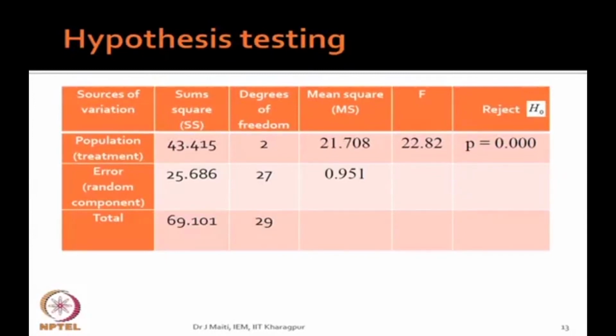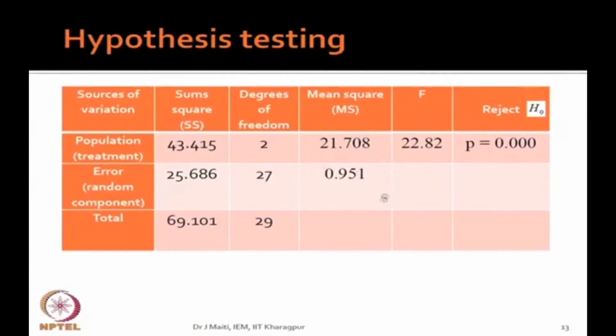Degrees of freedom: because there are 3 processes, 3 minus 1 is 2, and there are 30 total observations, so 30 minus 1 is 29, and the difference between 29 and 2 is 27, which is definitely the error degrees of freedom. Then the mean square is 43.415 by 2, that is 21.708, and for error it is 25.686 by 27, which is 0.951.